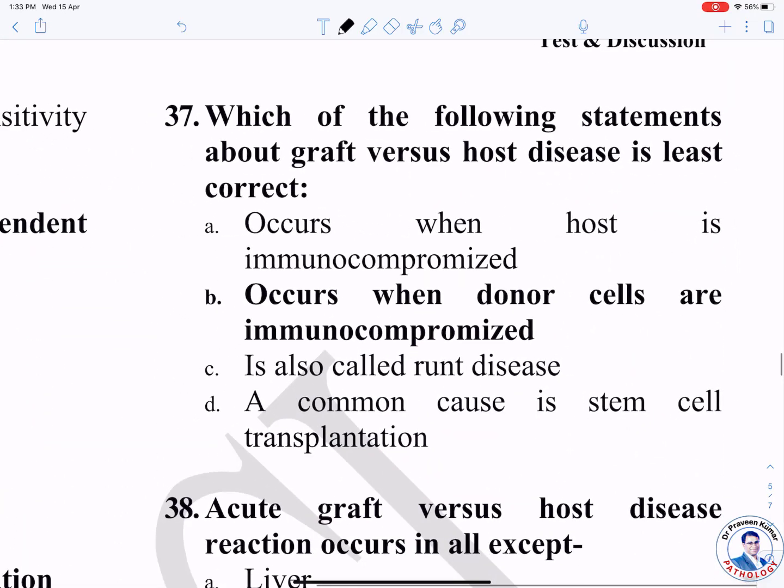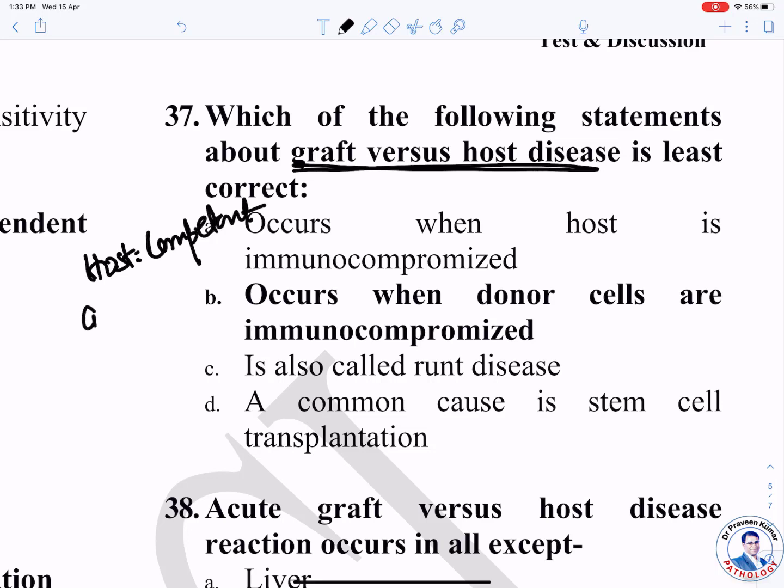Yeah, this question some of you have made a mistake, asking me, sir, if it is about the GVHD. Okay, the question is about GVHD. So I told you GVHD will occur when the host is immunocompromised, and the donor cells are immunocompetent. So this is the basic concept you should have about GVHD. So occurs when the host is immunocompromised.